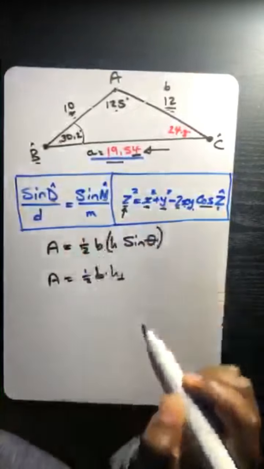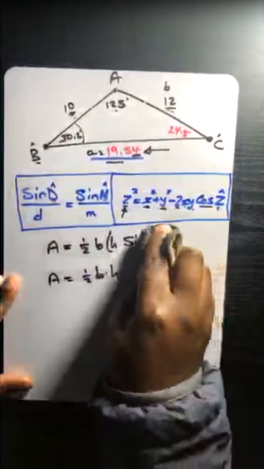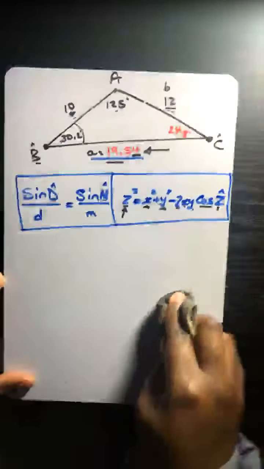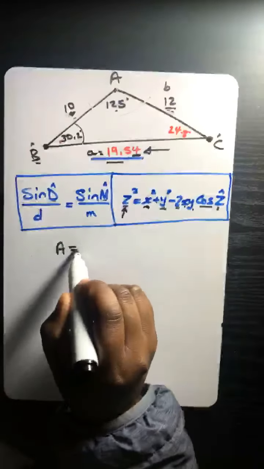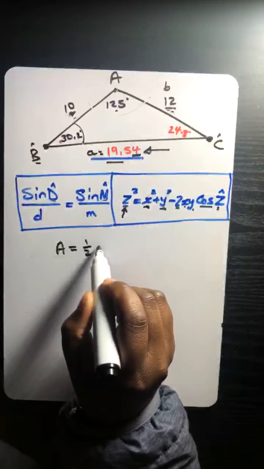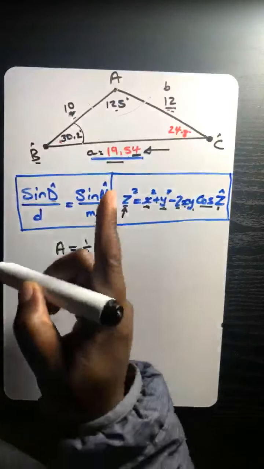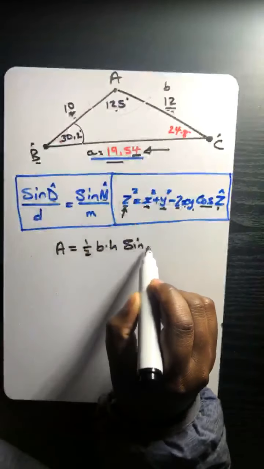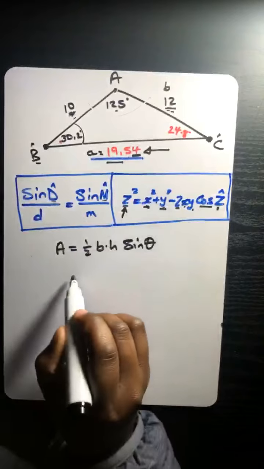I think one day I should explain to you how we derive that formula, but don't worry that much about that part. Just know that the area of a triangle is equal to half breadth times that. If it's that type of triangle, then you can just say sine of angle. So in this case, we are going to have half.